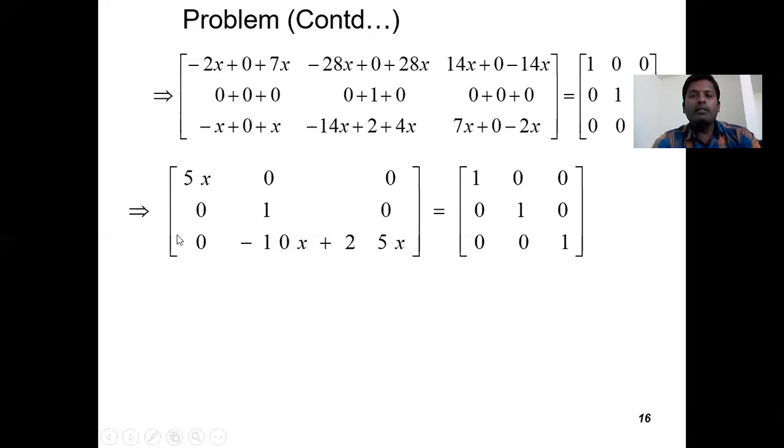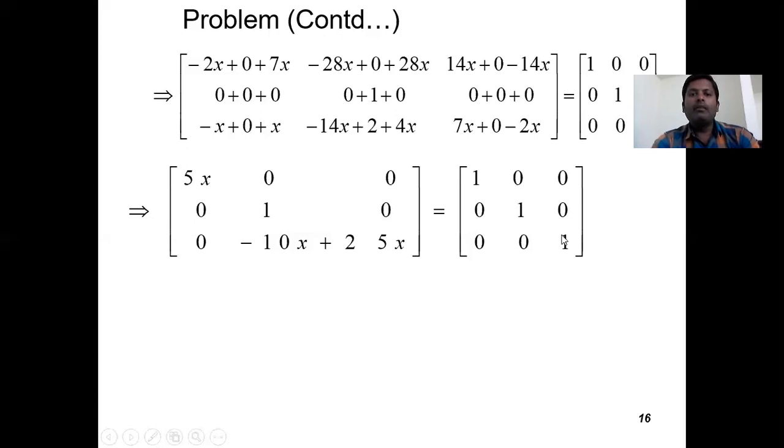Here also the second row is 0, 1, and the third column of the second row is 0. In the same way, the third row of the first column is 0, and minus 14x plus 2 plus 4x gives minus 10x plus 2, and also 7x minus 2x gives 5x, which is equal to 1 0 0, 0 1 0, 0 0 1.